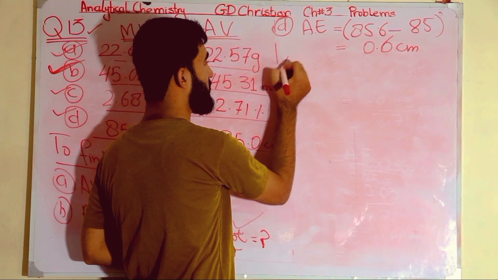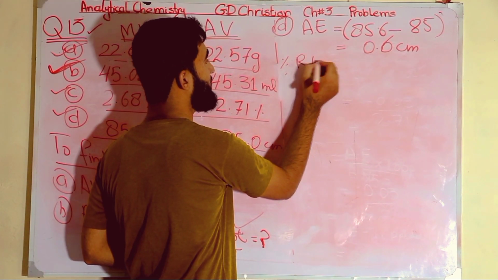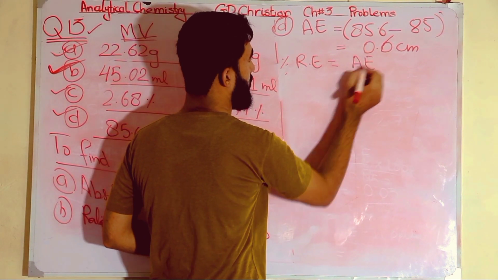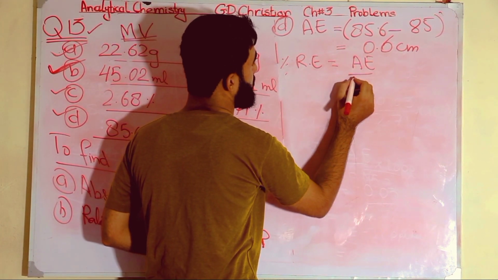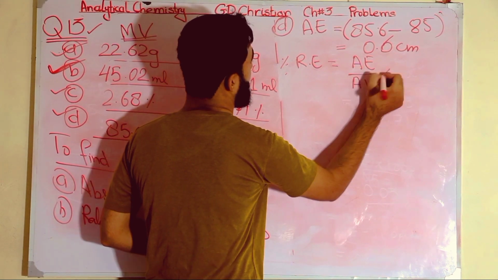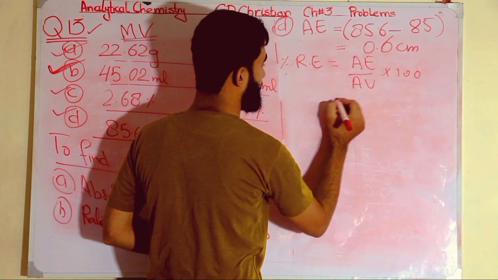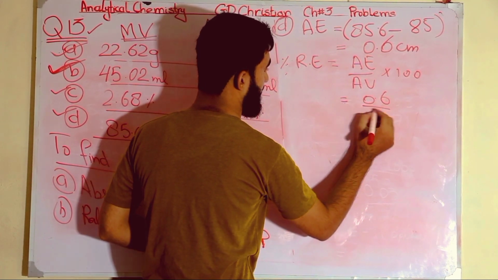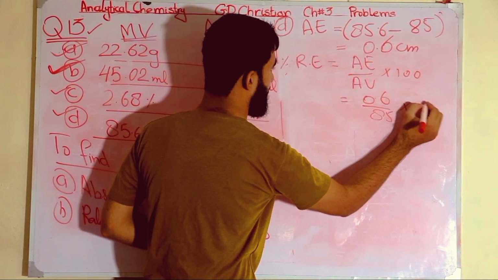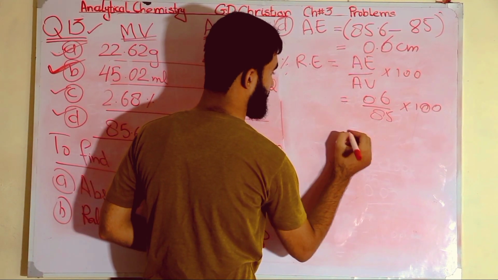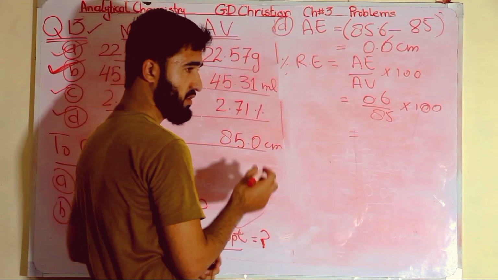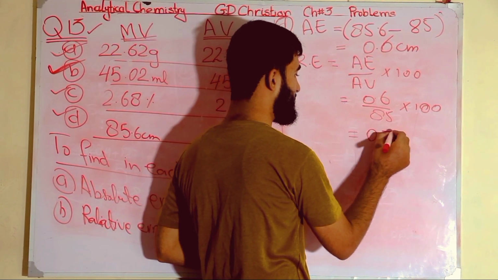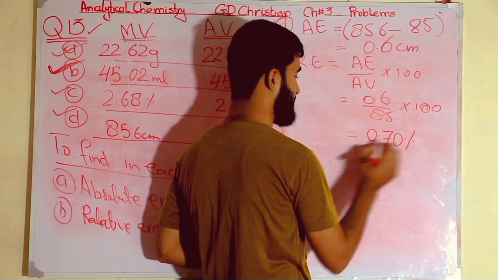Now we have to calculate percentage relative error, which is equal to absolute error over accepted value multiplied by 100. Now putting the value 0.6 over 85 multiplied by 100, we obtain the value of percentage relative error, which is equal to 0.70%.